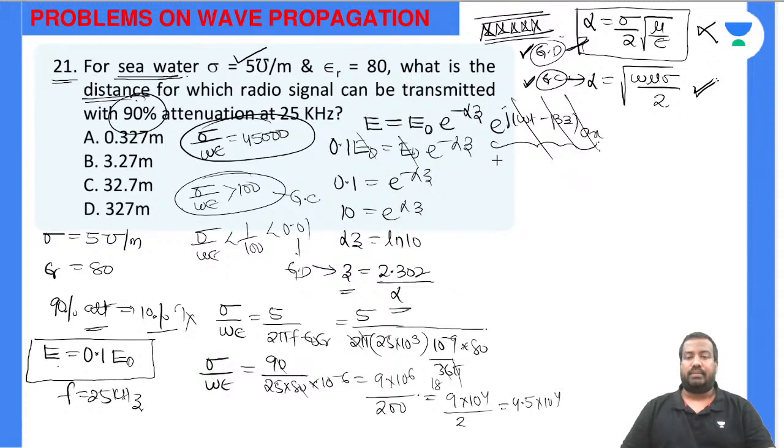Find alpha value. Therefore, alpha is equal to under root of 2 pi f into mu, mu naught mu r, sigma by 2.